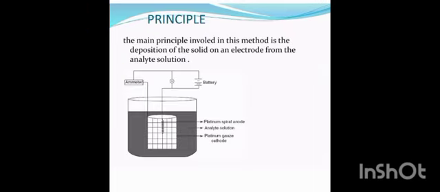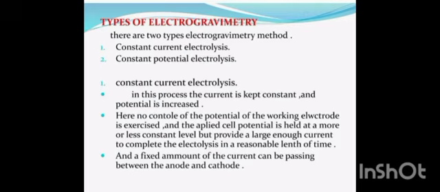Some introduction to the electrogravimetry method and the principle behind it. The main principle involved in this method is deposition of a solid on an electrode from the analyte solution. The types of electrogravimetry are constant current electrolysis and constant potential electrolysis.